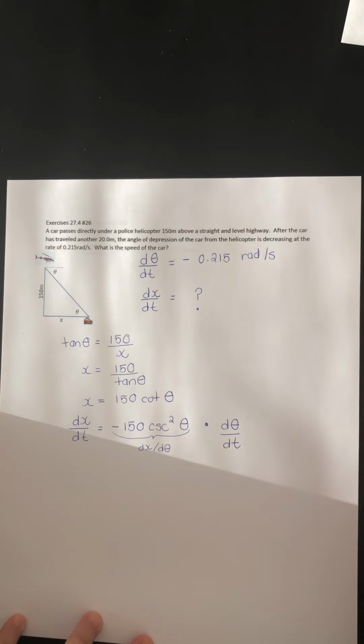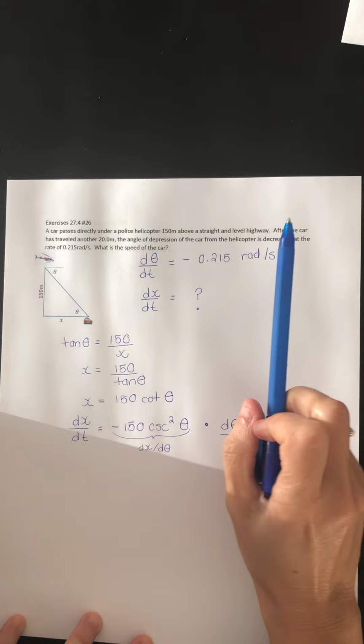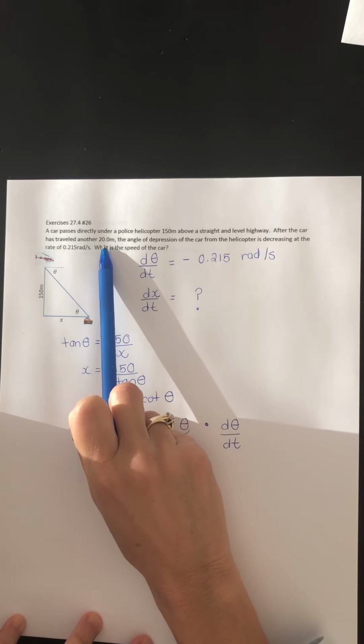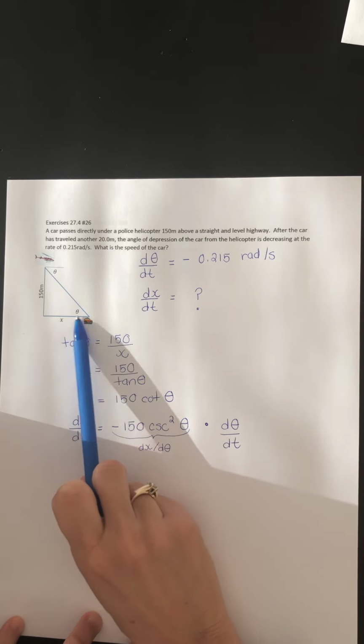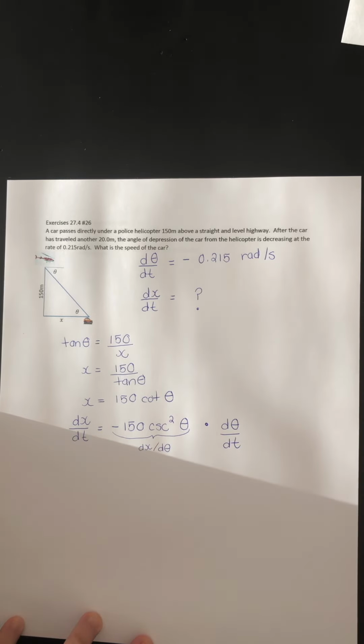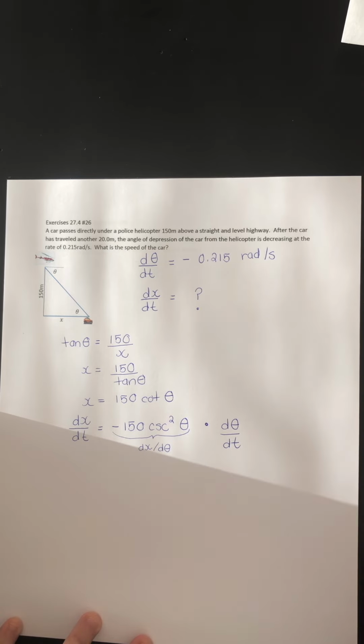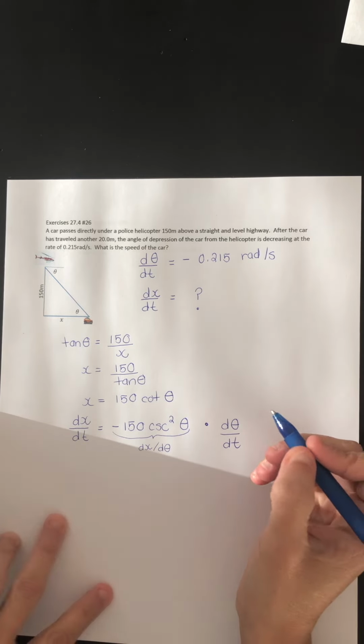In fact, instead of giving us a theta value, they gave us a value for x. It says after the car has traveled another 20 meters. So they've given us an x value. So before we can substitute, we need to work out what the value of theta is.